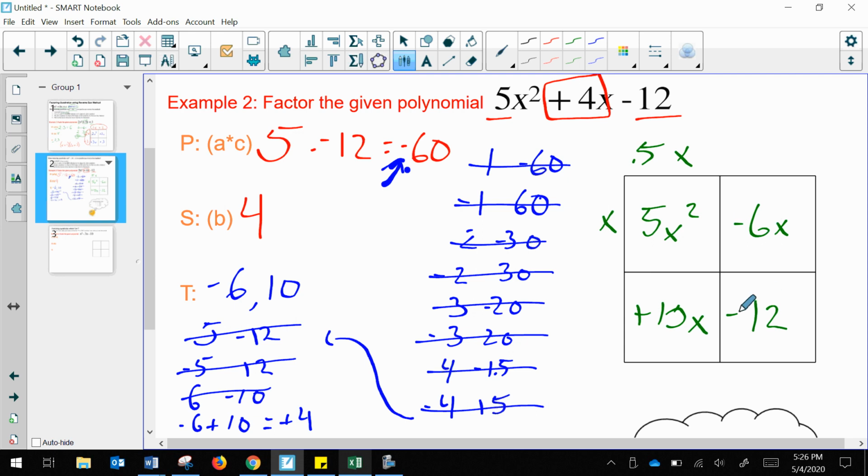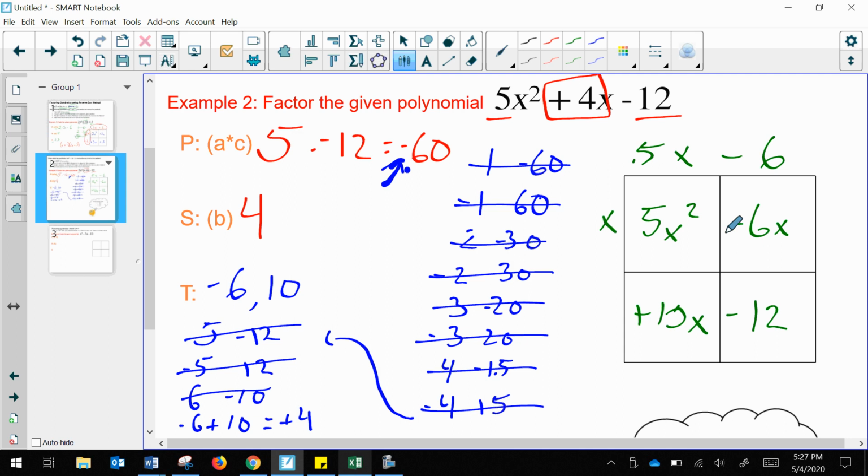Negative 6x, negative 12. Now I'm going to be looking at my leading coefficient here. Notice this one was positive because I had a positive 5x squared here. Since I have negative 6x, I want to pull out a negative number. The greatest common factor between 6 and 12 is going to be 6. Looking at this row, I've got 5x squared minus 6x.